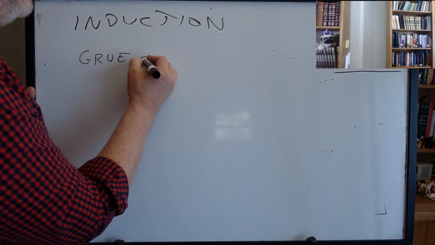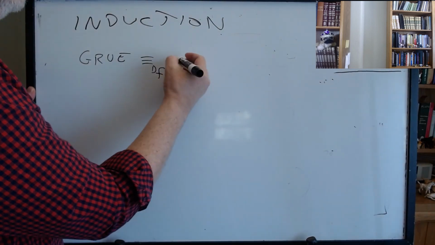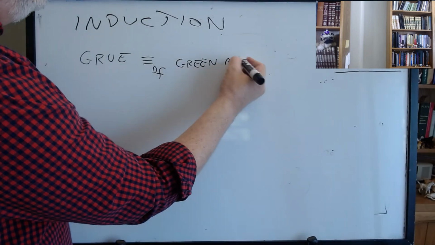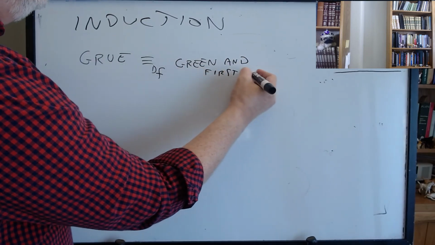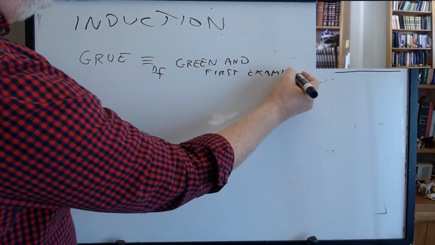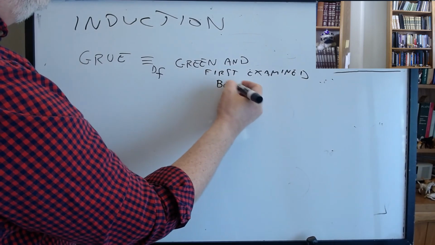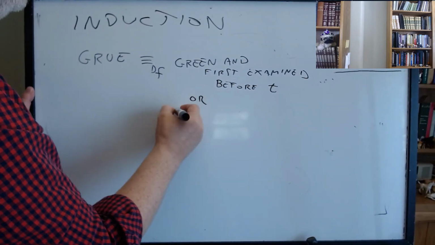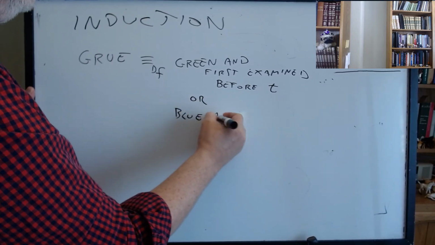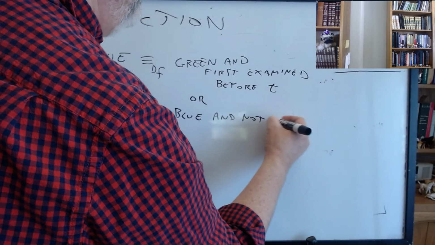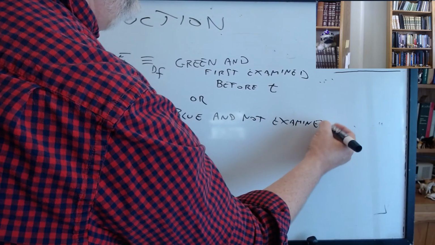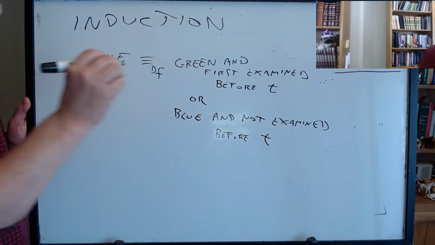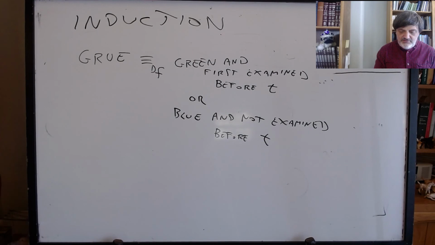And gru is defined as green and first examined before T, or blue and not examined before T.